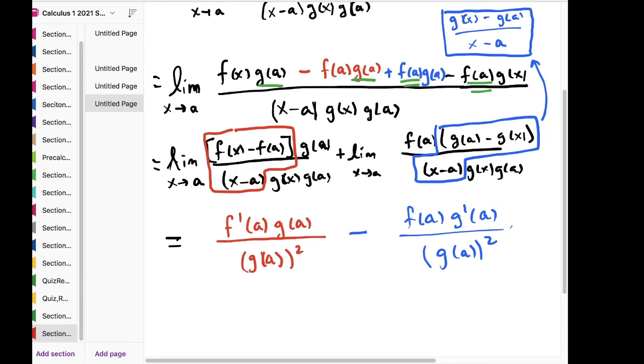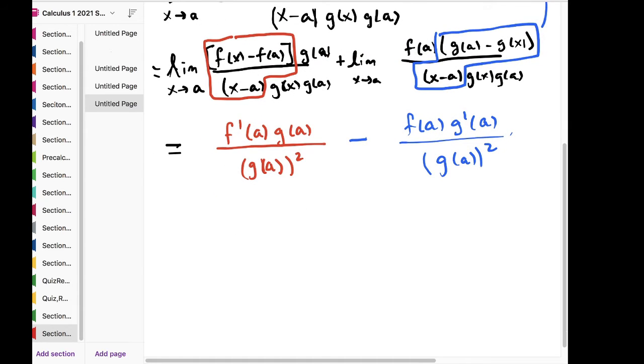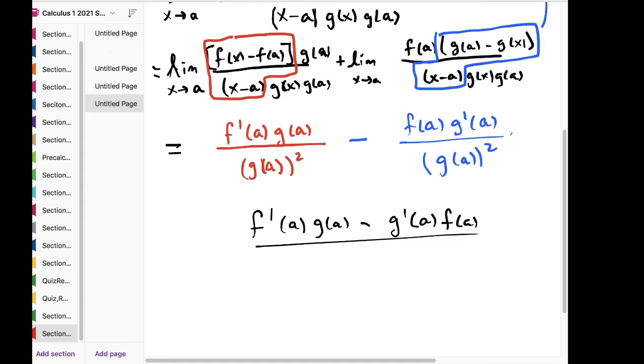Okay, so the reason why I didn't cancel out this factor is because I want to have a common denominator. And then we get f prime of a, g of a, minus, usually it's written like this, g prime of a, f of a, over g of a squared. So this is the derivative at a.